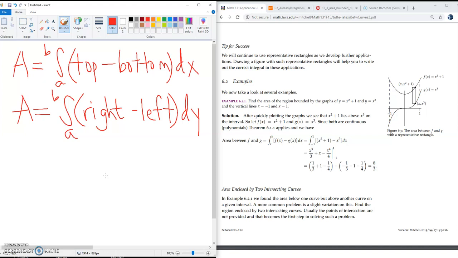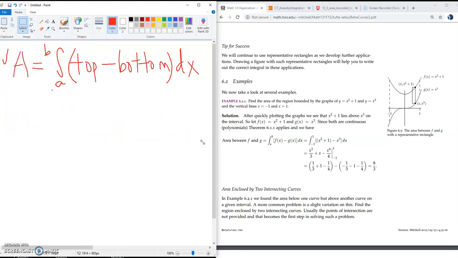Well, since everything is in terms of x, we use our first formula here, top curve minus bottom curve, in which the top curve is, according to our graph, x squared plus 1. And our limits of integration go from -1 to 1. So here's our top curve. And the bottom curve is x cubed.